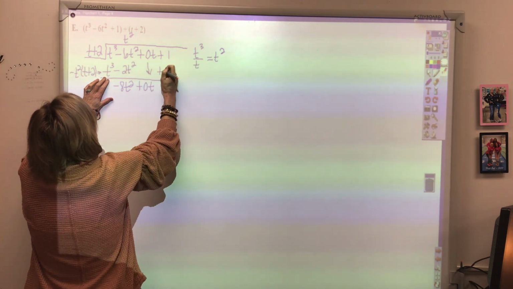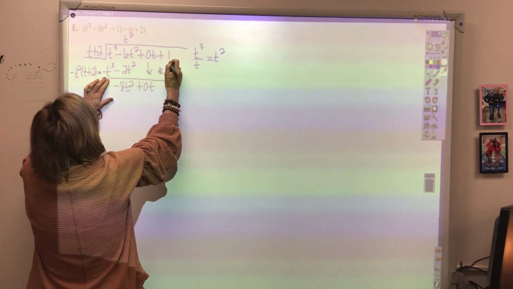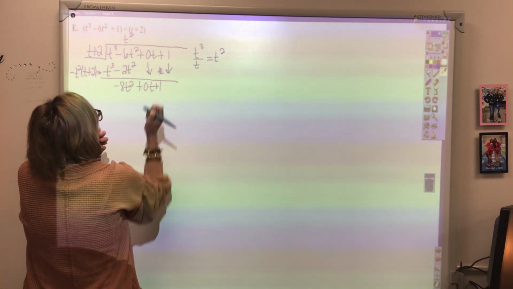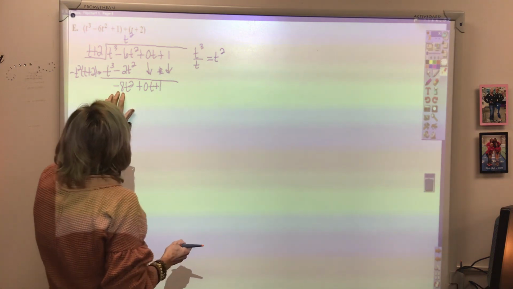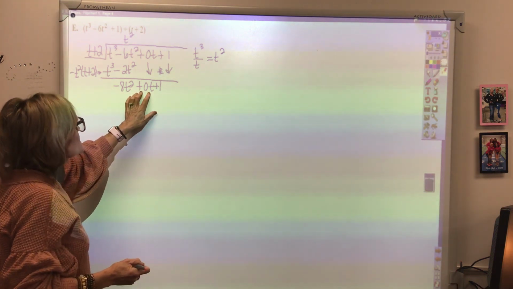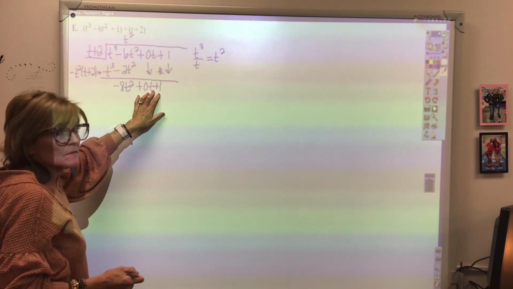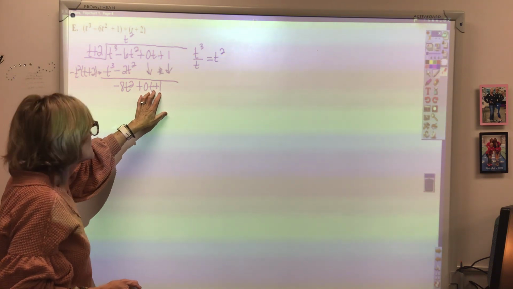Bring down, whoops, sorry, I meant to draw an arrow. Bring down the 1. That was a plus 1, excuse me. So negative 8t squared plus 0t plus 1 should be what this is, or this is what that says.